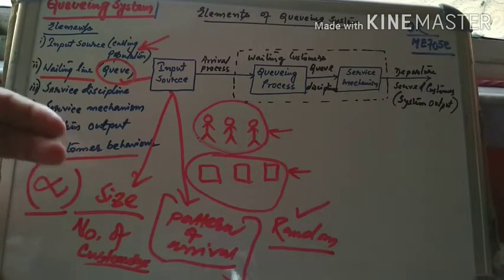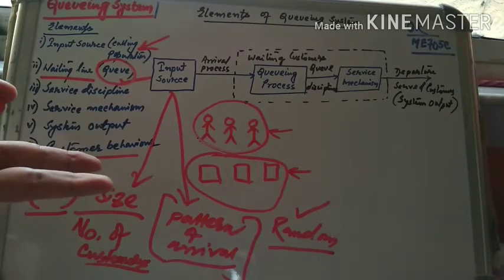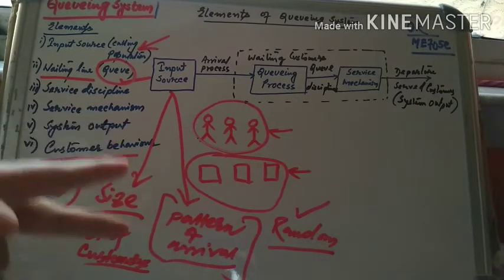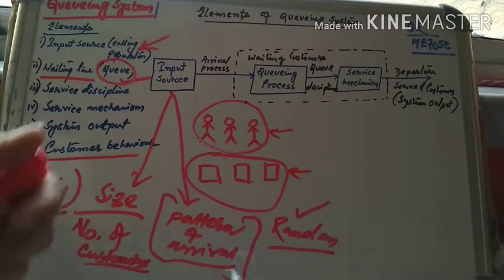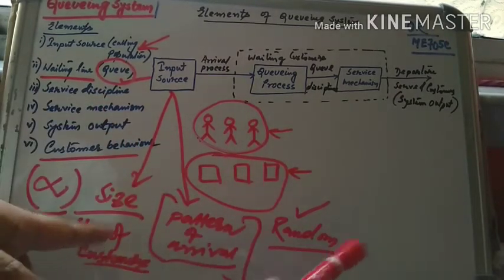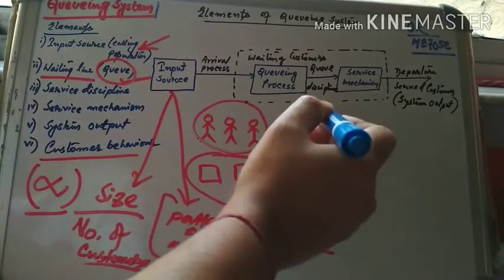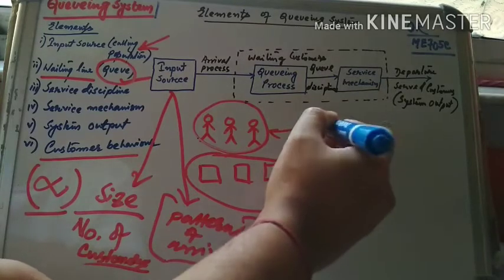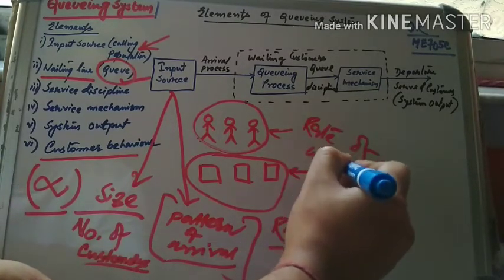This is when each arrival is independent of previous arrivals. The exact prediction of this random type of system is not possible. The number of arrivals per unit time is the most important thing I am going to tell you. The number of arrivals per unit time is called the rate of arrival.